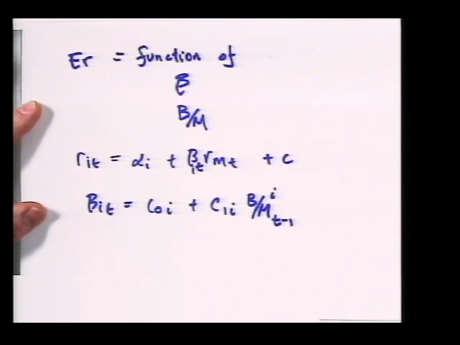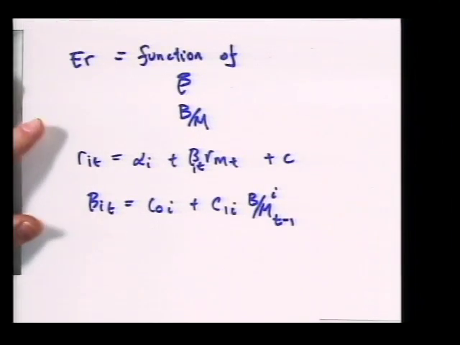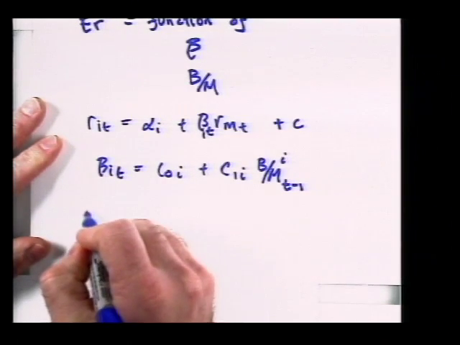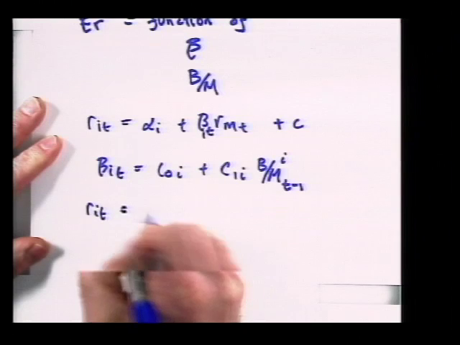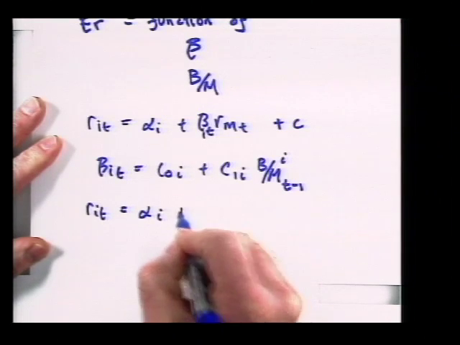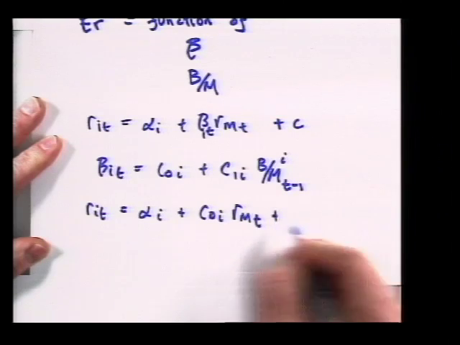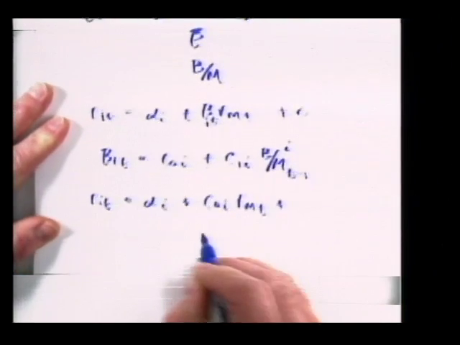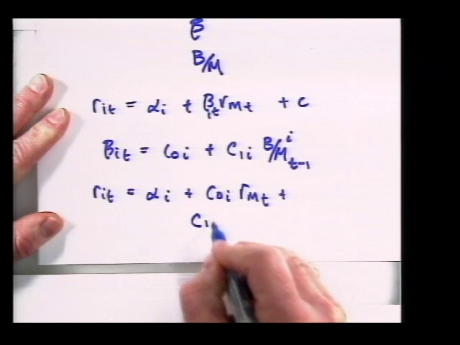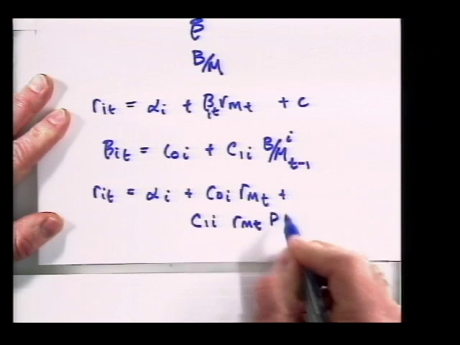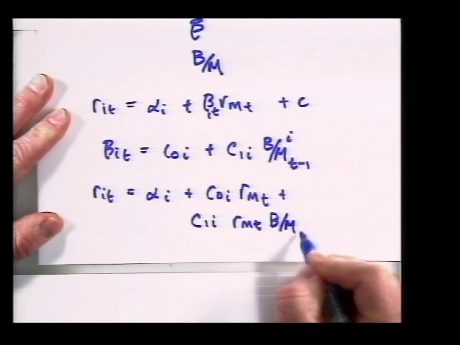Okay. And we can estimate the regression just like we did in the first part. R_it equals alpha_i plus C0_i times R_M, this is just the market, plus C1_i times R_Mt times book to market at t minus 1.